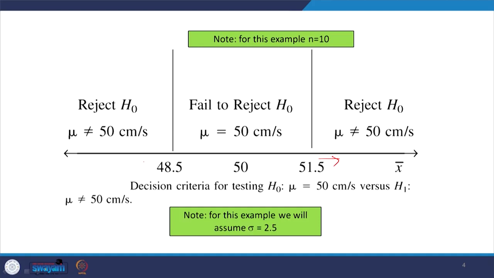At the same time, if it is less than 48.5, again I will reject the null hypothesis. This is the decision criteria for testing H naught, mu equal to 50 centimeters per second, versus H1, mu not equal to 50 centimeters per second. In this example, the sample size is 10 and the population standard deviation is 2.5.